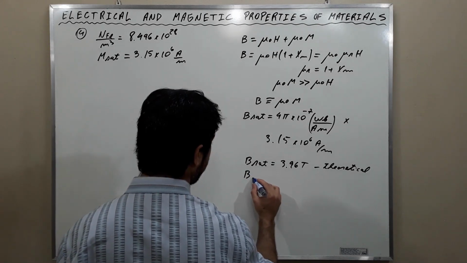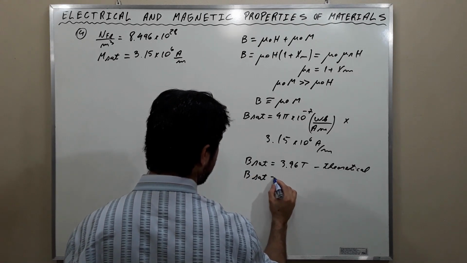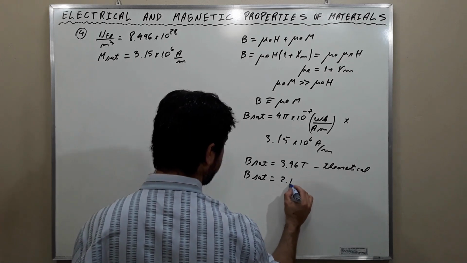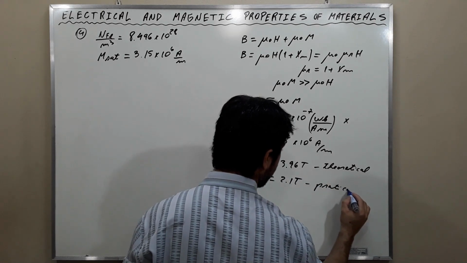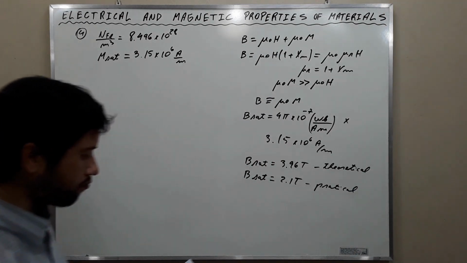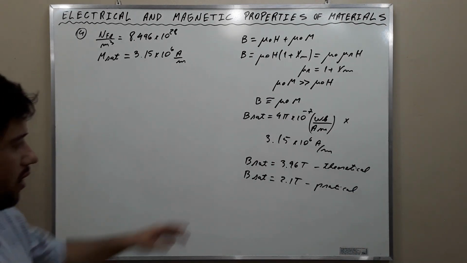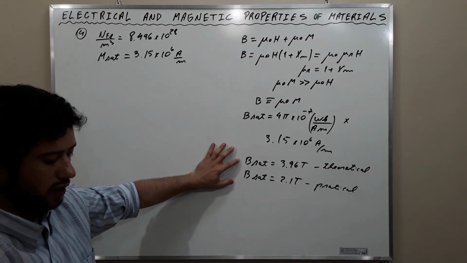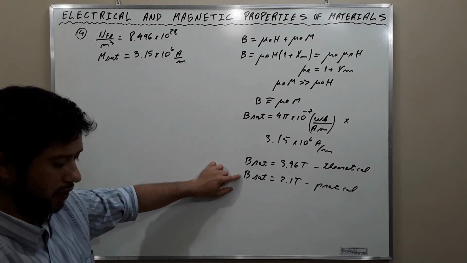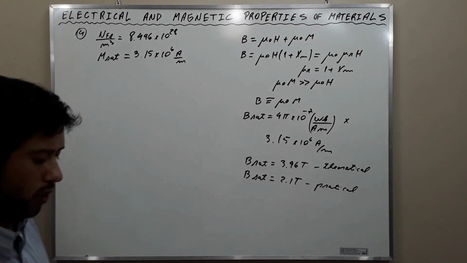Okay, and the exercise wanted us to compare this result, this is the theoretical and this is the practical limit. This theoretical value is almost twice the experimentally observed value of 2.1 Tesla.